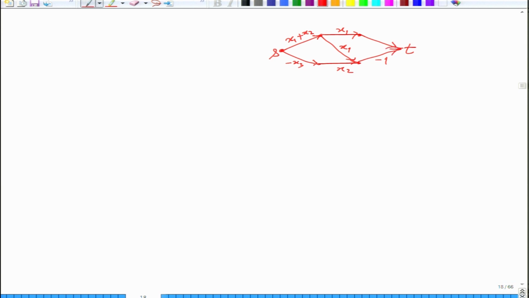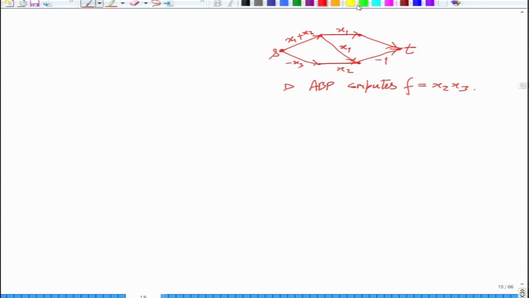So at T, what is the polynomial that you have computed? Just x2 x3, right? So this ABP computes the monomial x2 x3.